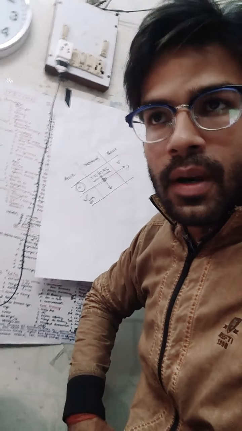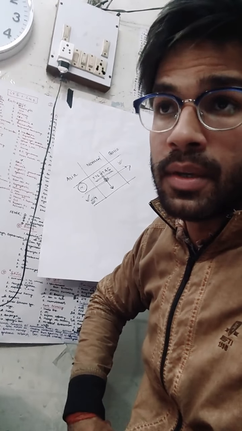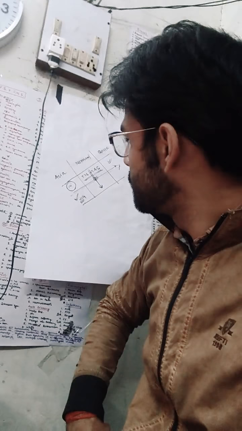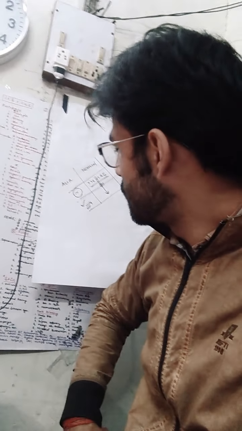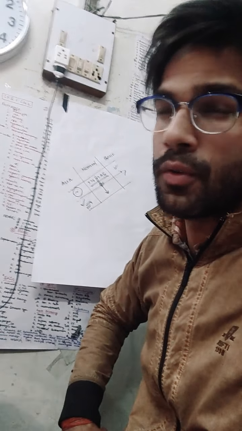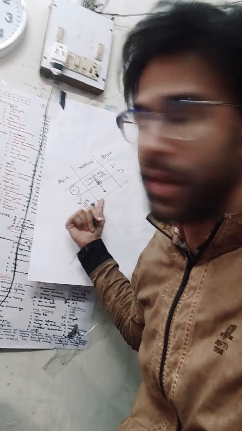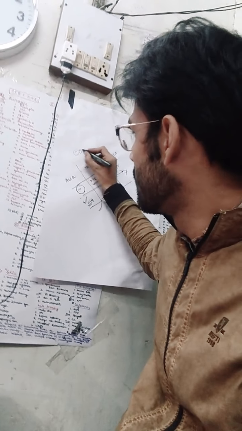The other thing is there can be a mixed problem as well, but for that I would like to tell you that you cannot solve all the questions of mixed problem with this grid. It's a grid method.